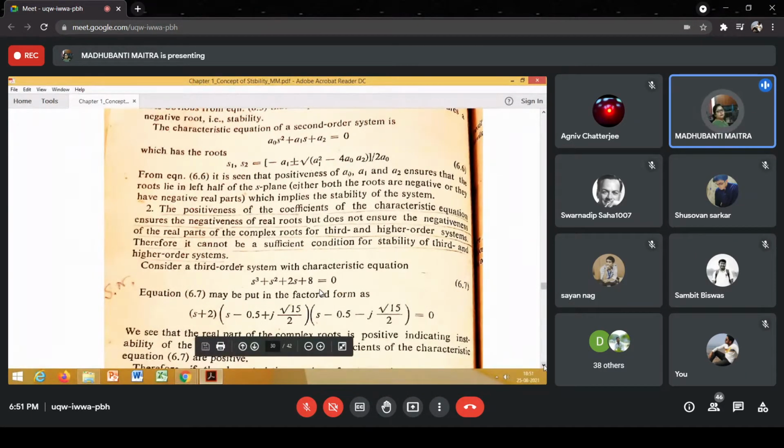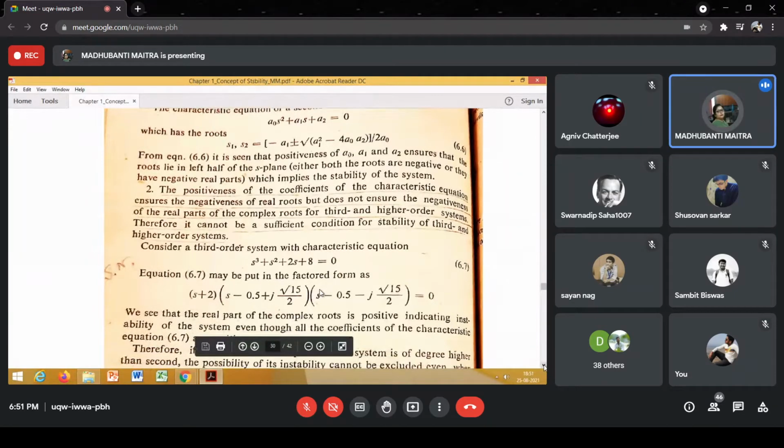Yes, there is one way. Given the characteristic equation, we can solve it and find the locations of all the roots on the S plane, and therefrom we can conclude about the absolute stability of the system. What is meant by absolute stability?